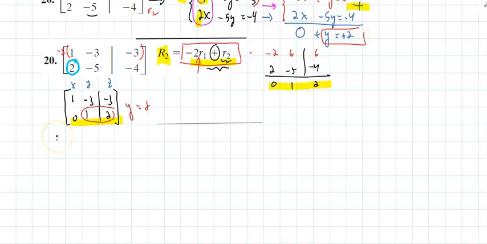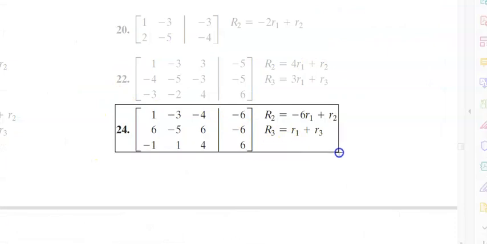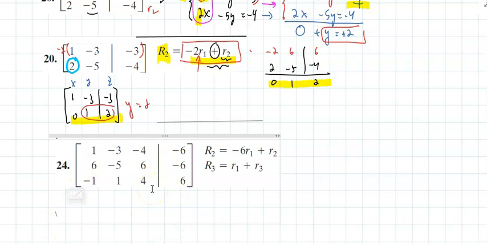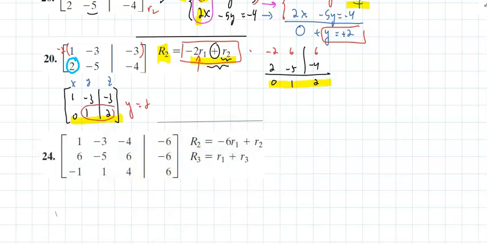and it turns out to be a lot more efficient than systems of equations. So if I pick another problem, if I look at number 24, and this is a 3 by 3, they're asking me to perform 2 operations. Well, let me see if I could do them. Of course I can. So, this is a matrix.